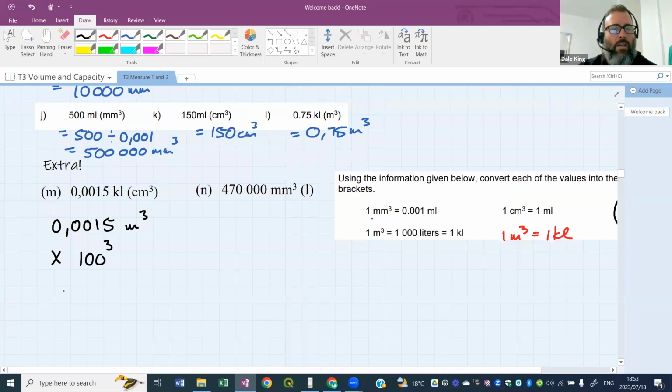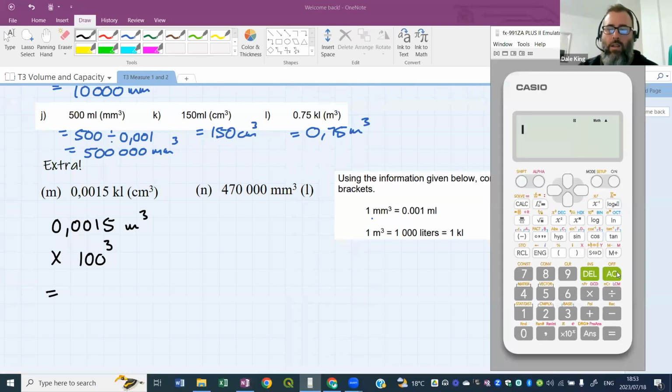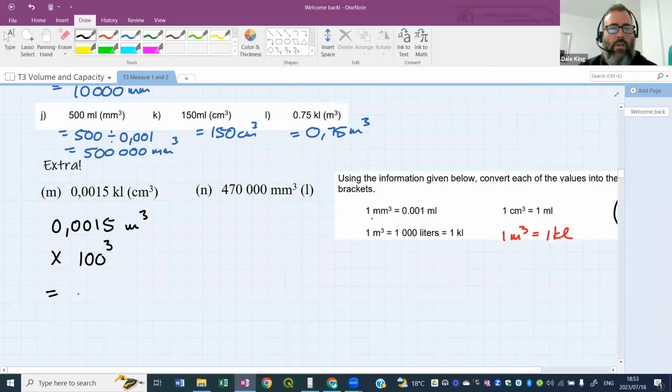Yes. And then I got 1,500 centimeters cubed. Exactly. Well done. That's fantastic. All right, 1,500 centimeters cubed.